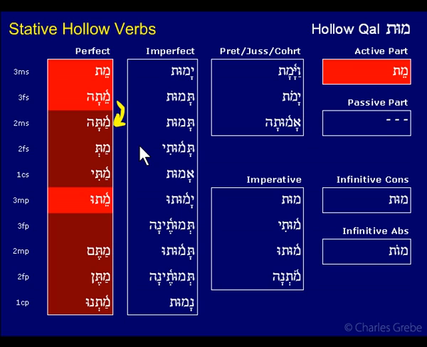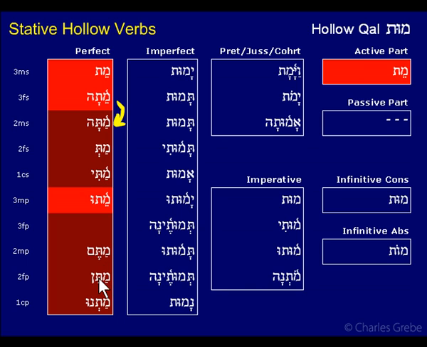The other thing to note here, if you look at these carefully, you'll see that they seem a little short, and that's because moot ends with a tav, and these consonantal suffixes start with a tav, so you get some collapsing here. So this is really, you've got two tavs there collapsed together in here as well, or here anyway. So it's a bit shorter because your consonantal suffixes start with the same thing that your verb happens to end with.